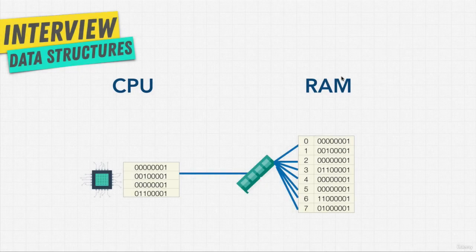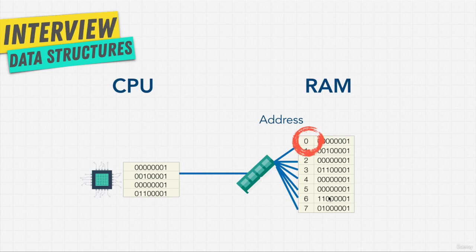So you can think of RAM in the computer as a massive storage area, kind of like a data structure, right? Well, this massive storage area has shelves that are numbered. We call these addresses. And it's a really, really big shelf that holds a lot of information.